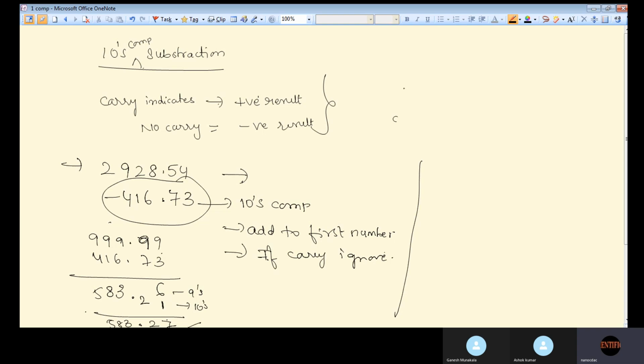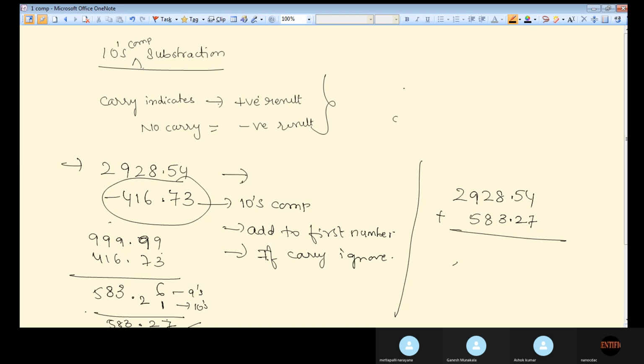Next, for this 10's complement, which is the intermediate result, you need to add it to the first number. 583.27 added to 2928.54, what are you getting?